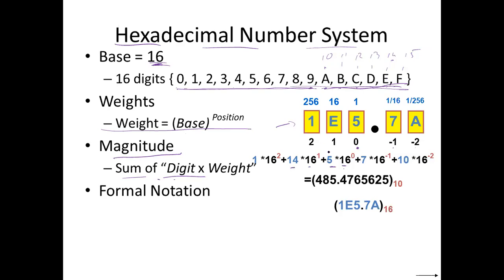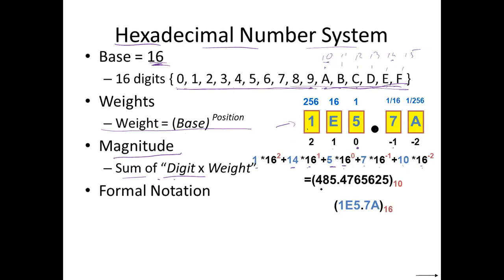So 14 multiplied by base raised to power position, 16 raised to power -1. And then we have 1. So 1 multiplied by 16 raised to power 2. And after the decimal, 7 into 16 raised to power -1. And A, so instead of A, you have to use 10. So 10 into 16 raised to power -2.